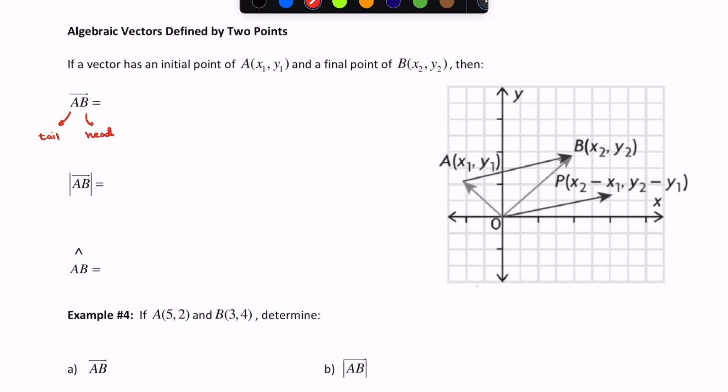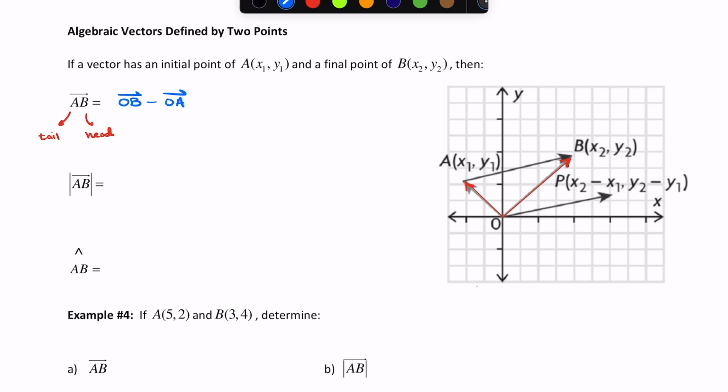Okay, so here, if we look at it, then we have O, B, and O to A. Here, again, we can write vector AB as equal to vector OB minus vector OA.